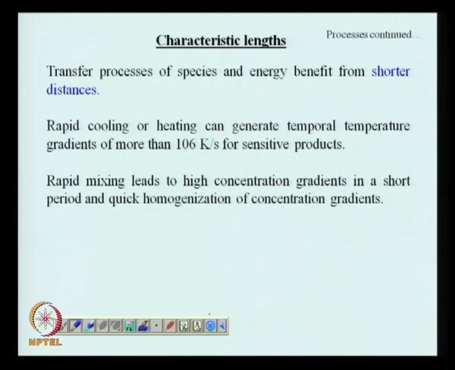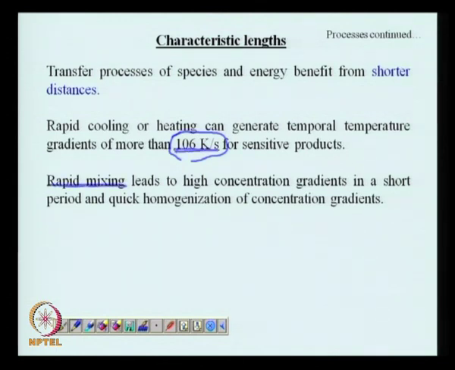Now, we also have to think about the characteristic lengths. We know that transport processes benefit from shorter distances, and we can have rapid cooling or heating since the process is faster. So, we have rapid mixing, that is something which we need to take into account.